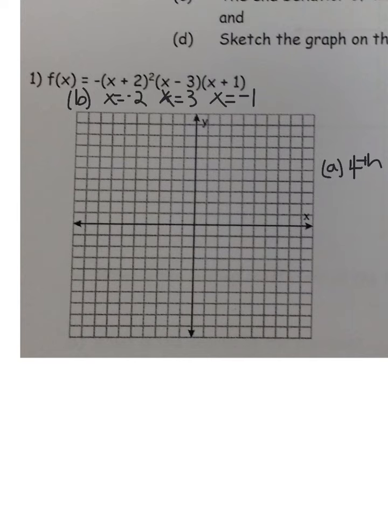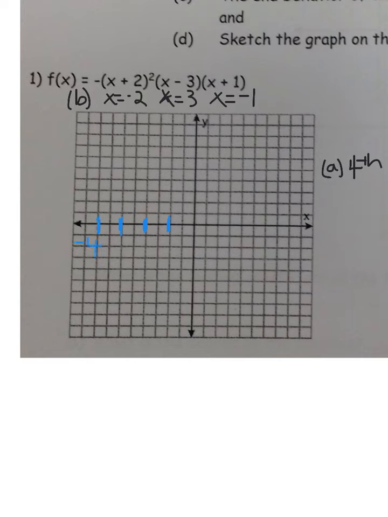Okay, now the end behavior of the function, I kind of like to save part C until after I have the graph. So let's go to part D and let's graph this. So let me just put this in a different color. We're going to have a 0 at -2. So let me do this: 1, 2, 3, 4.